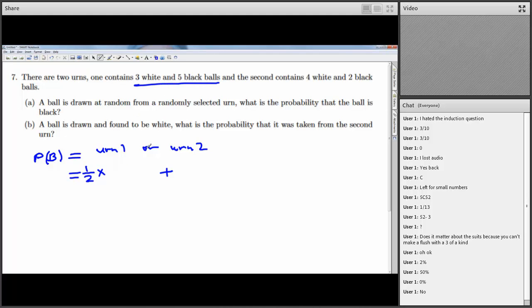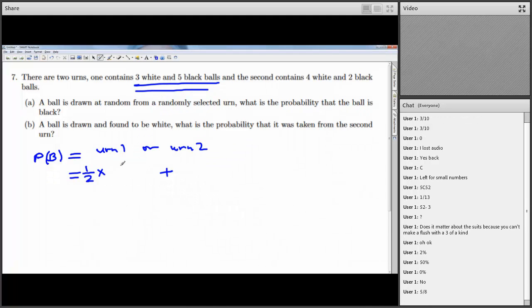What's the probability that if you pick one ball, you'll get a black ball? Can you tell me the answer?